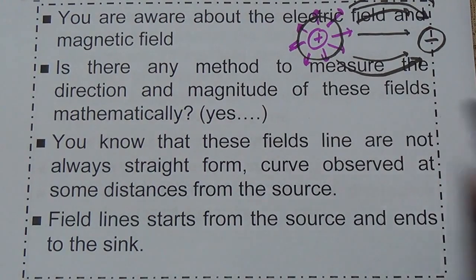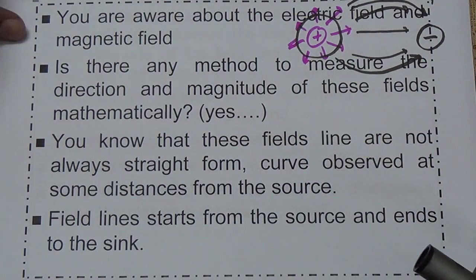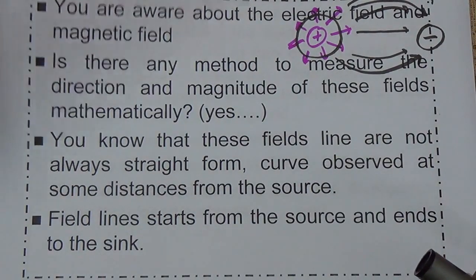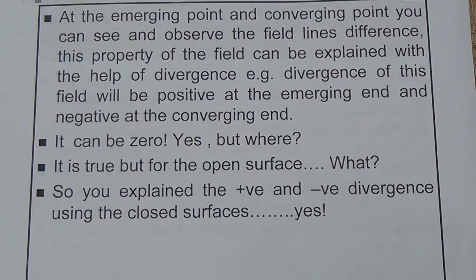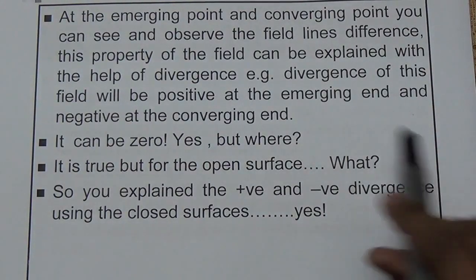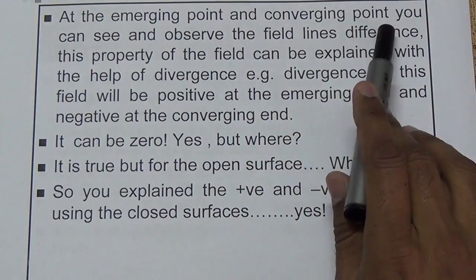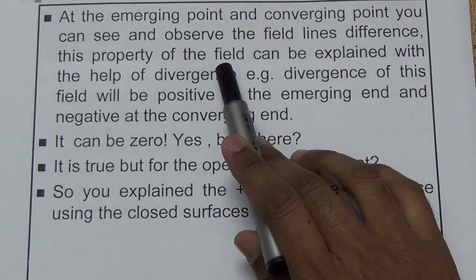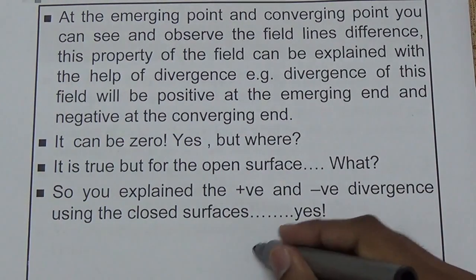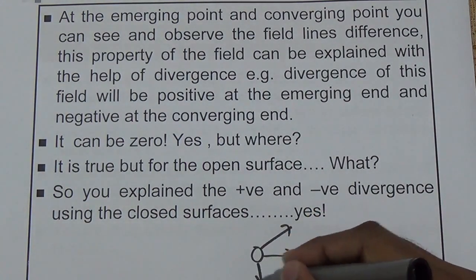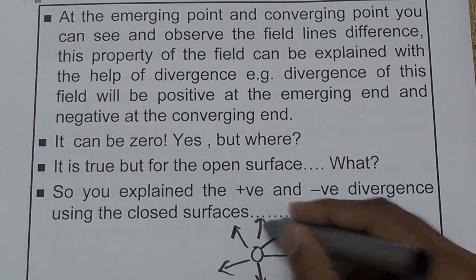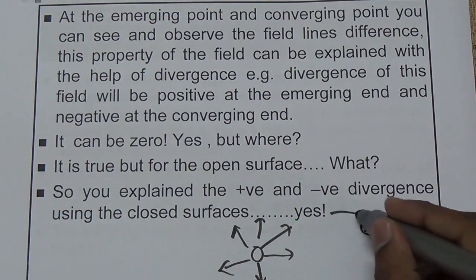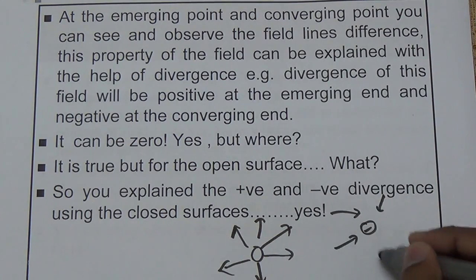So here this positive charge behaves like a source and the negative charge behaves like a sink. So at the emerging point and converging point you can observe the field line difference. What is happening at the positive charge is that electric field lines are emerging, and at the negative charge these electric field lines are converging.